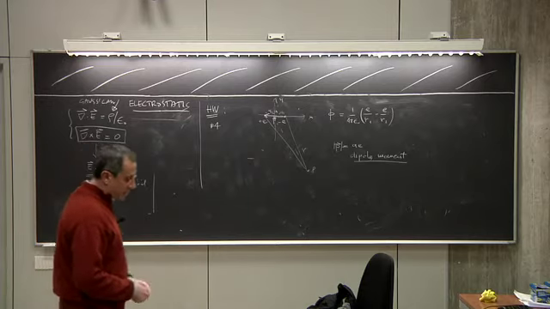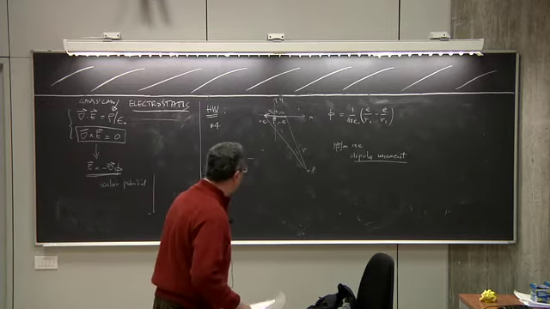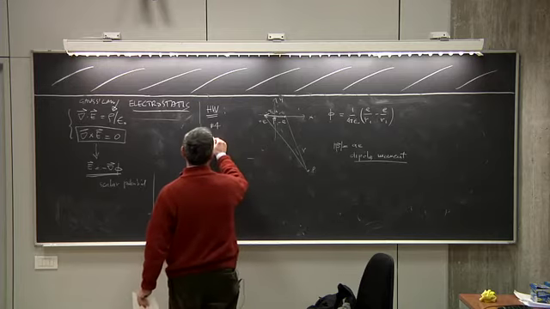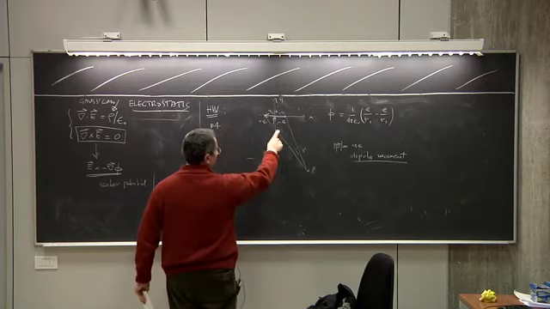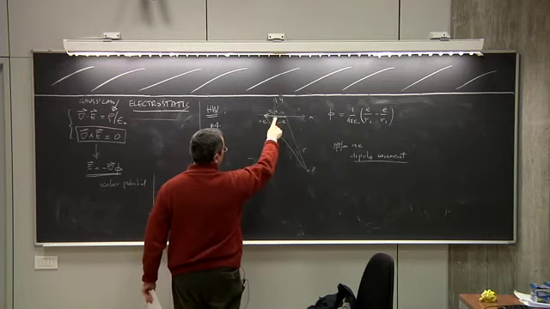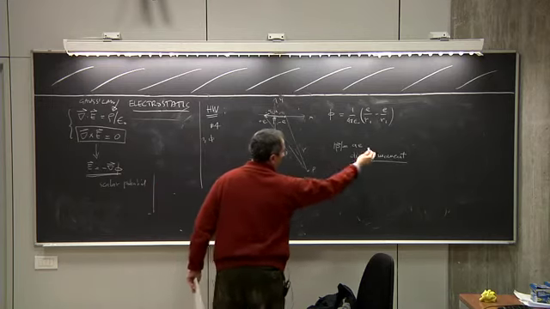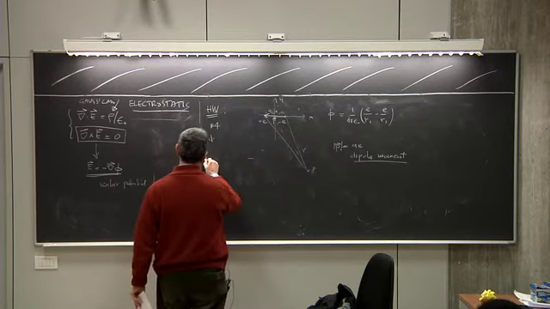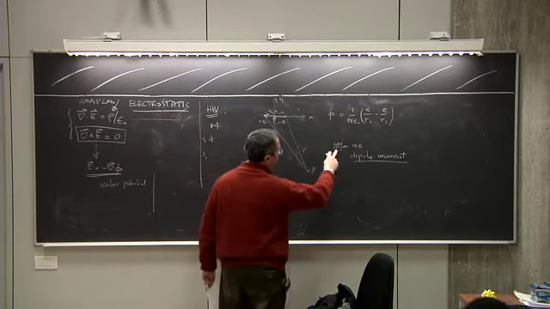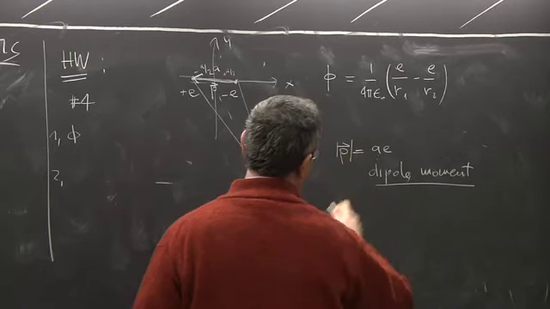So try this simple exercise. First, compute the potential, assuming what I told you, that this distance A is much smaller, so I want an expansion in this. So you must be able to write this potential in terms of this dipole moment.